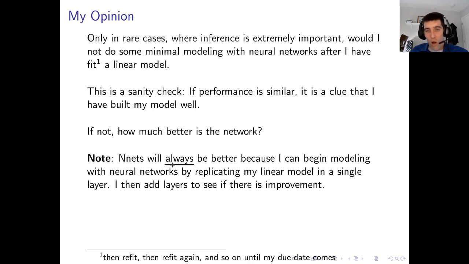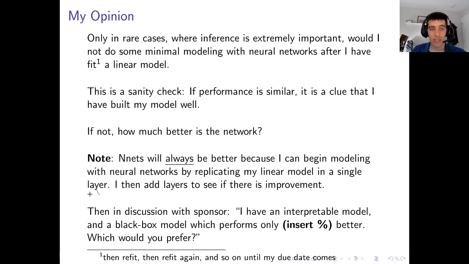They should always be at least as good because, of course, a linear model is a very simple neural network with no hidden layers. So you should at least be able to attain the performance of your linear model. And then you can just add a few layers to see if there's an improvement. Neural networks are never going to be hands down worse because you can scale the simplicity of the neural net until it is a linear model, of course.